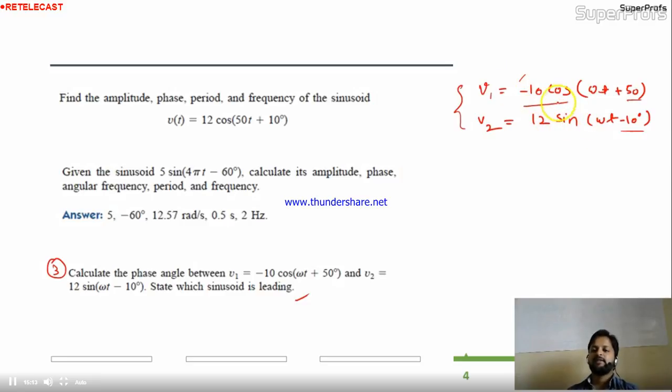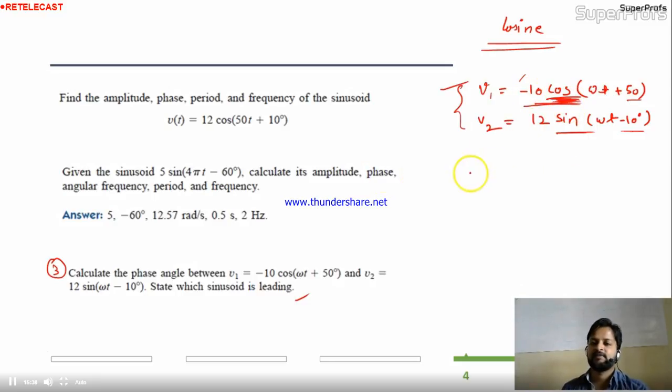Secondly, the sinusoid waveform should be in cosine form, not sine, because I told you earlier that cosine is our reference. Any waveform you have should be converted into cosine form, and only then will you proceed.